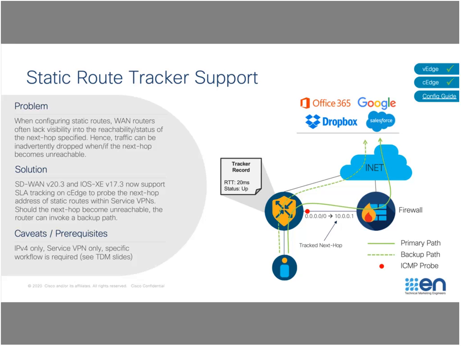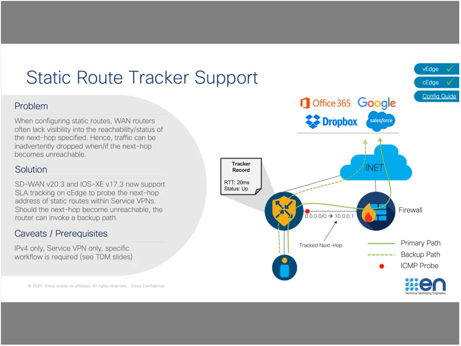So what we'll do in that case is we can actually probe the default route towards that firewall. So we can probe the firewall basically and make sure that the firewall is still responding back. Same concept, we're still using ICMP, so you need to make sure on that firewall that you open up ICMP and that it's actually going to respond back to ICMP probing or ICMP ping requests, echo requests.